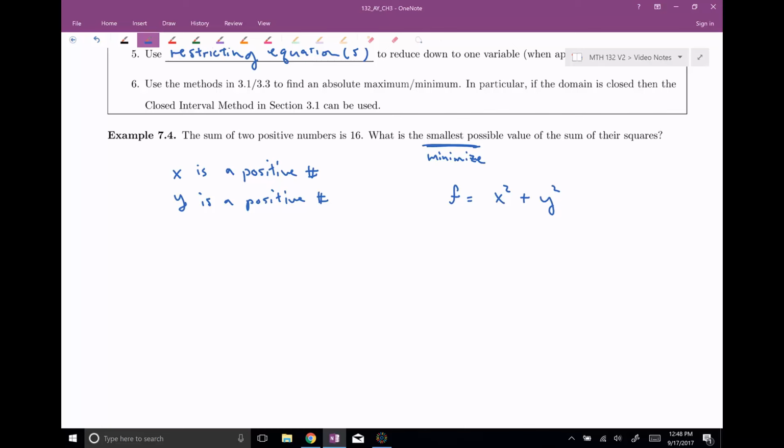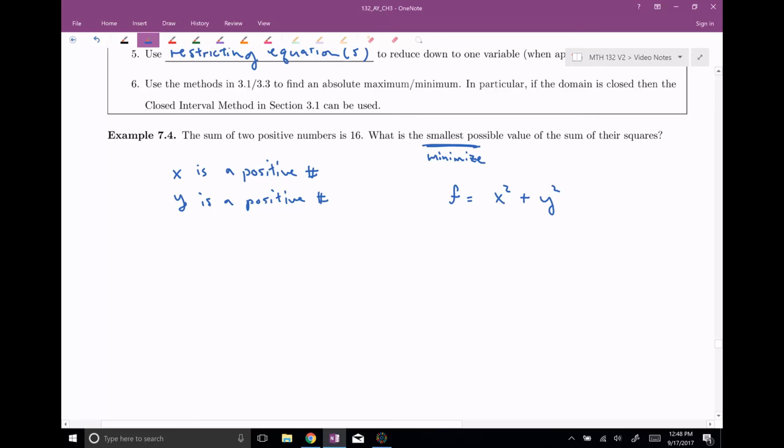Okay, well now, notice in this case, maybe it doesn't necessarily make sense to draw a diagram, right? But still, you're understanding the problem. We've introduced notation. Now we want to find an equation that relates together the quantities that we have with what needs to be solved. So in this case, we did that. F is equal to x squared plus y squared.